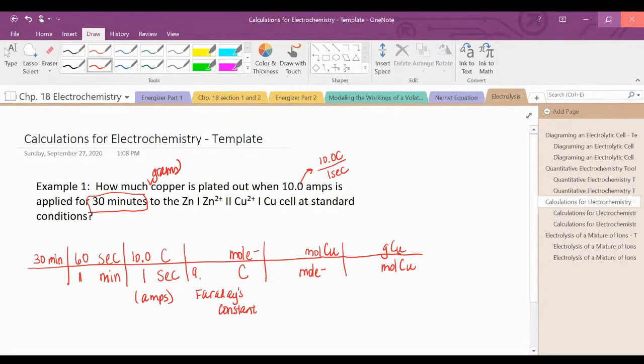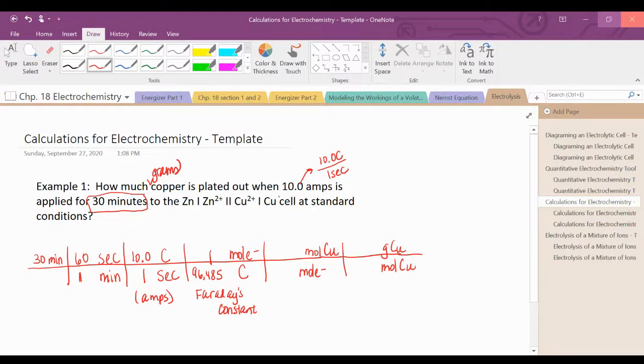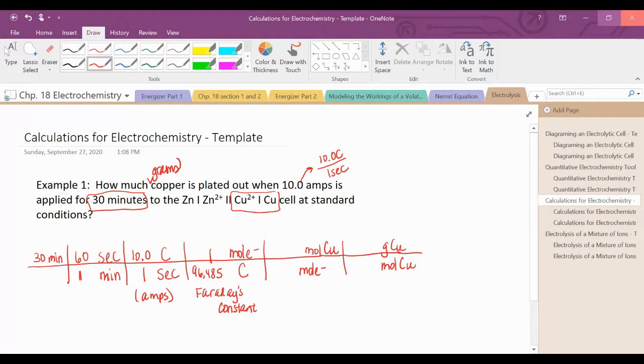And so I have 96,485 coulombs in a mole. And then if I look at this copper half cell, I can see that it has a +2 charge. So this means that 1 mole of copper would have had to lose 2 moles of electrons to form the ion.